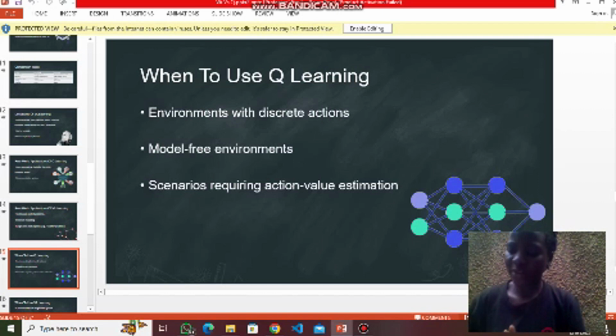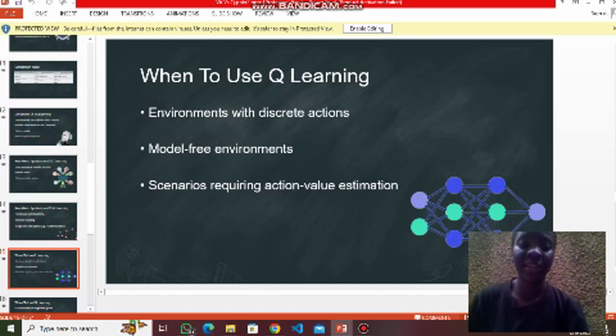When I talk of model-free environments, I mean environments whereby the dynamics are unknown. If the dynamics are unknown, then we're okay to use Q-learning. Then for scenarios requiring action value estimation, remember in Q-learning we basically focus on small and discrete actions, so we can manage scenarios which require the action value.